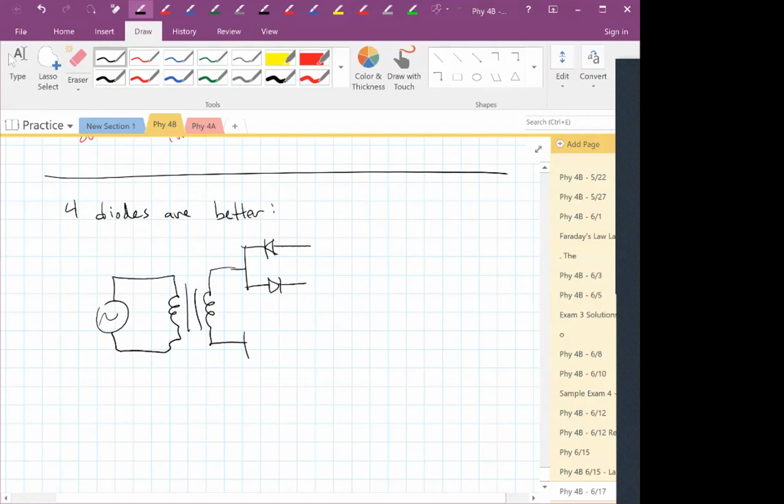And over here, you have diodes, one going in one direction, one going in the other direction. So at some point, these two are connected together, and these two are connected together.